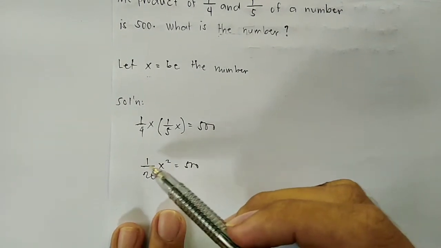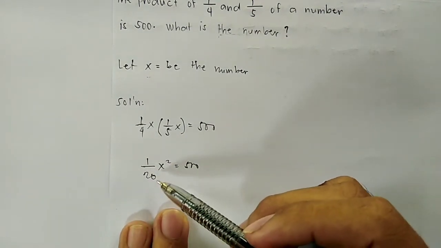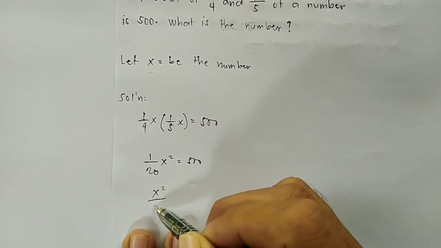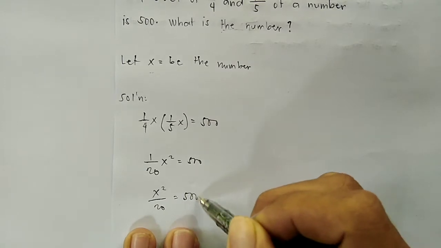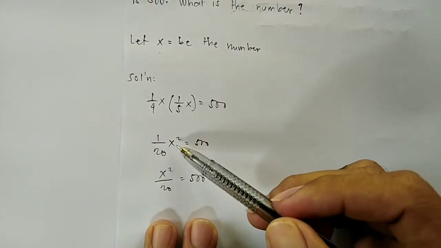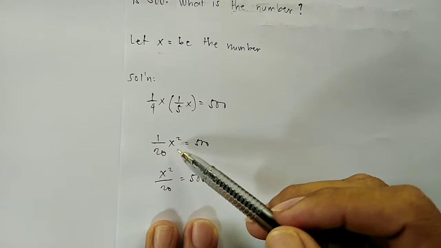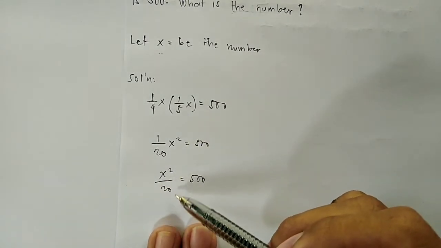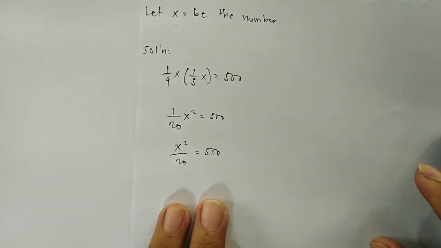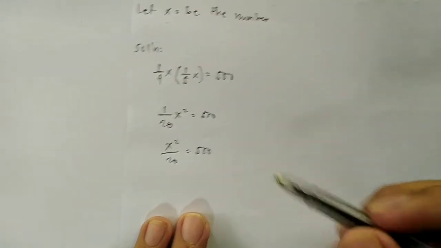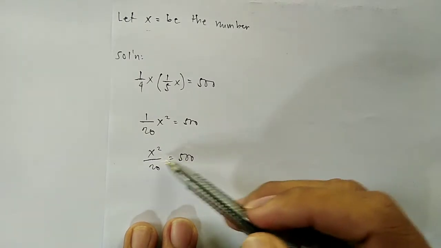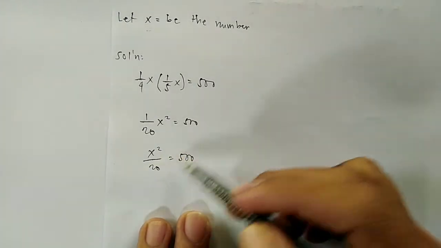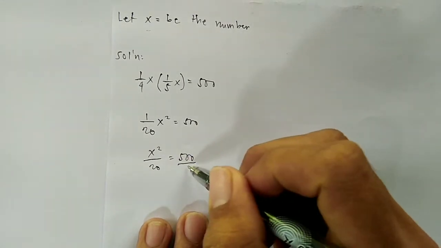Notice that we have a fraction 1/20 on the left side, but it can be written in the form of x squared over 20 is equal to 500. So 1/20 times x squared can also be expressed as x squared over 20 equals 500. Since we have x squared over 20 on the left and only 500 on the right, just cross multiply.